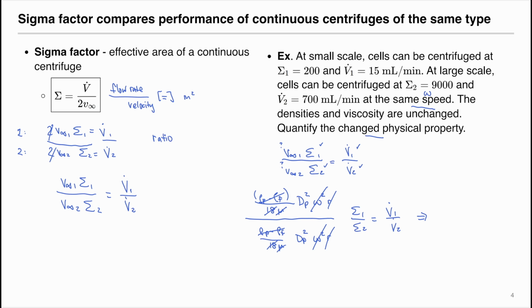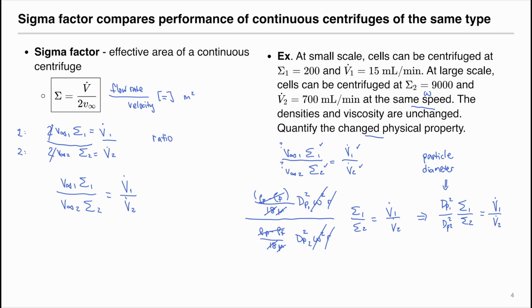So this simplifies to the particle diameter of the first one with respect to the second one, multiplied by the sigma factor 1 and 2 is equal to the ratio of the volumetric flow rate. Now we can determine that the changed physical property is the diameter of particle.